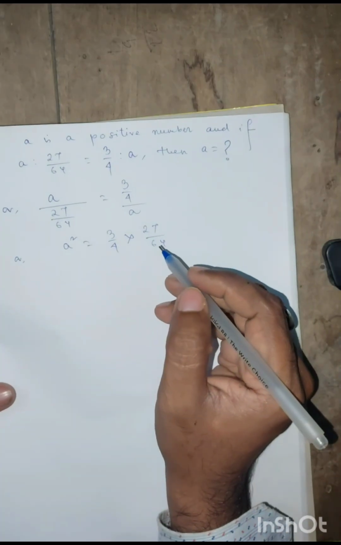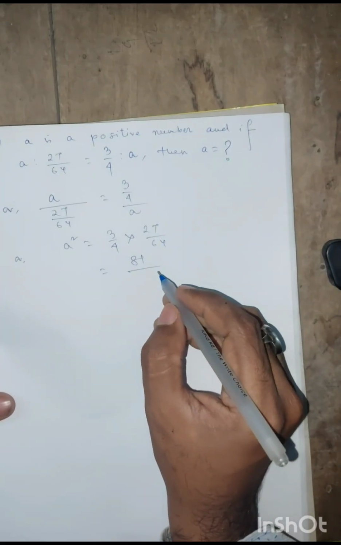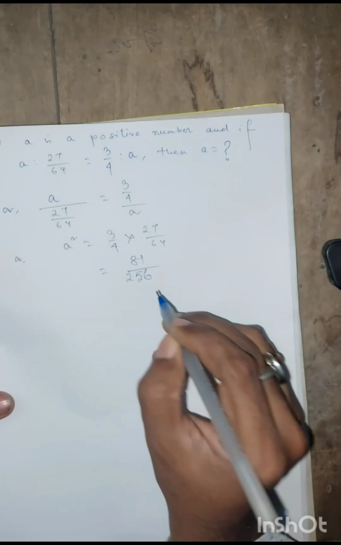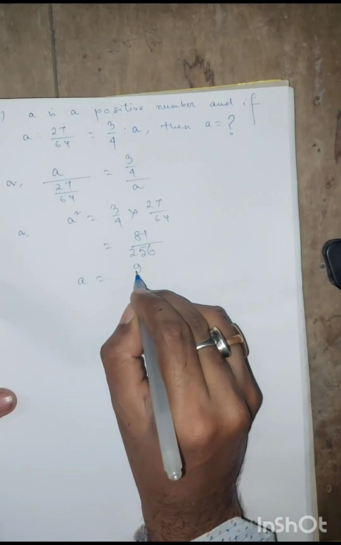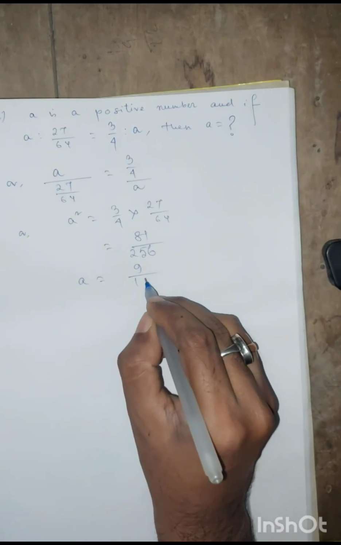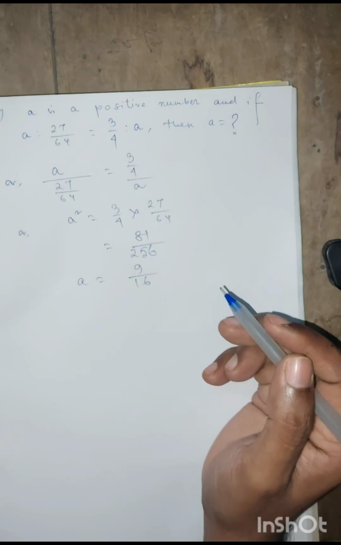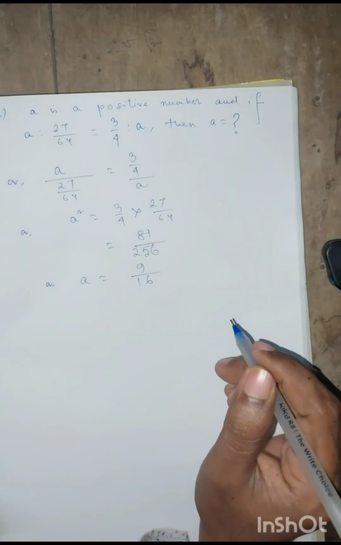So this is equal to 81 by 256. So A should be equal to 9 by 16. So this is the value of A.